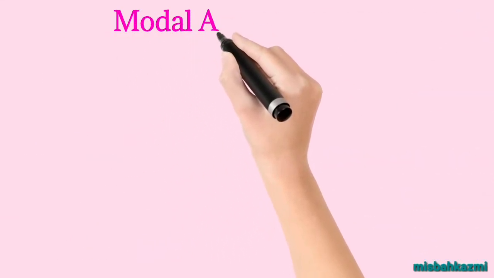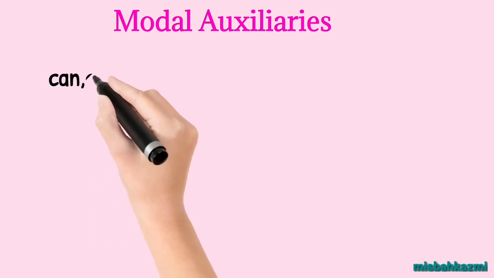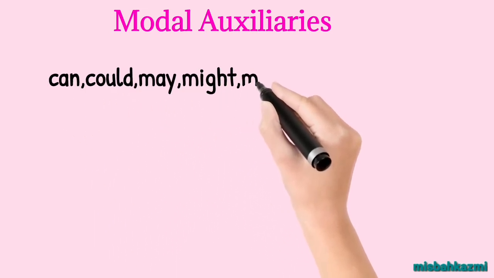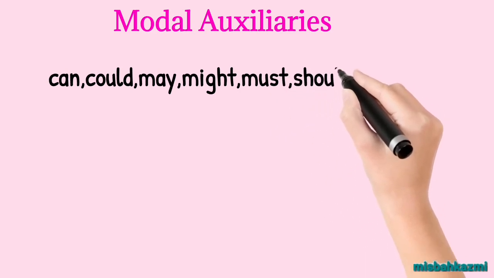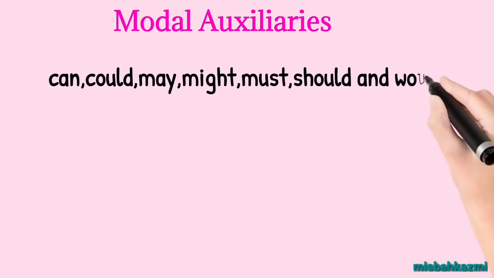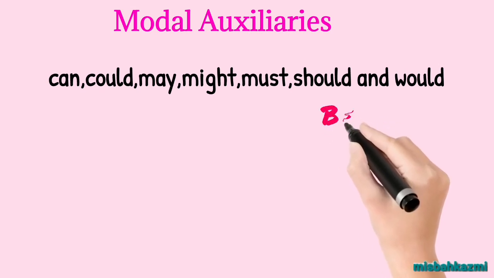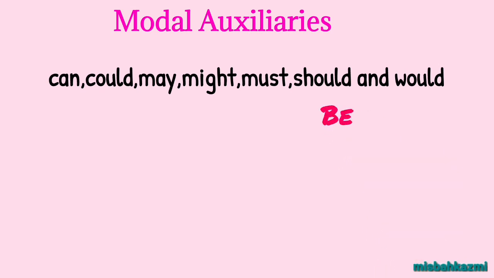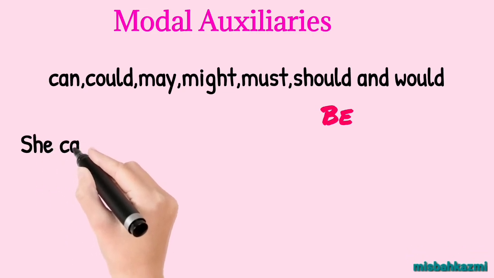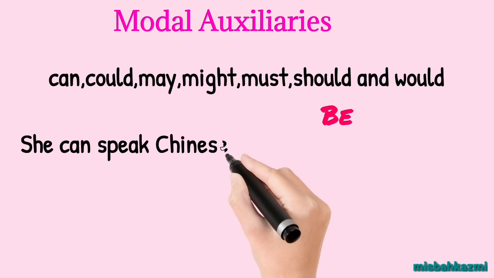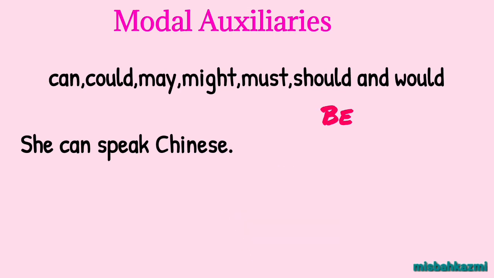Now we'll discuss modal auxiliaries such as can, could, may, might, must, should, and would. So it will take be after it. She can speak Chinese. This is the first example.